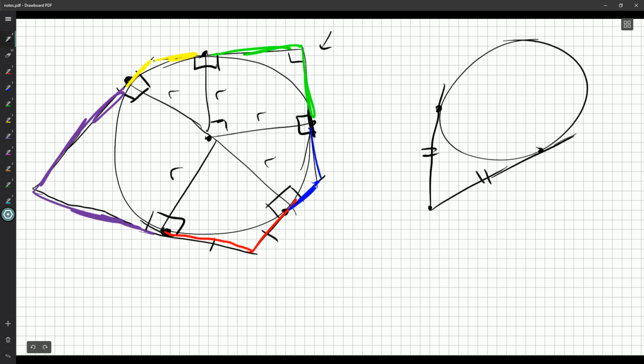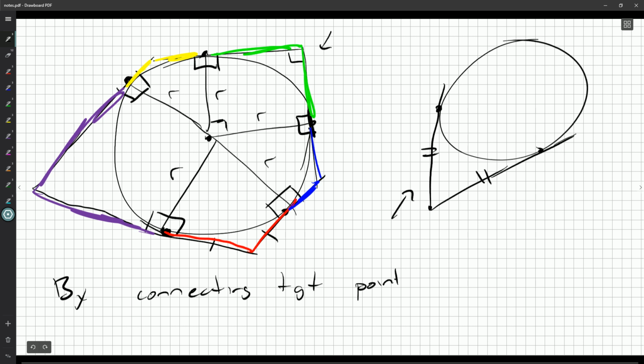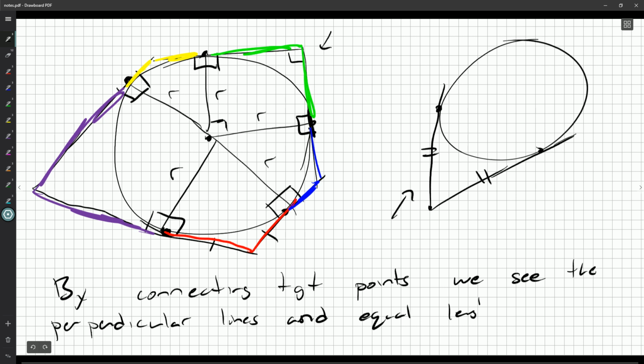Okay. I can't remember if this is called the two-tangent theorem, but we can definitely say by connecting tangent points, we see the perpendicular lines and equal lengths as shown.